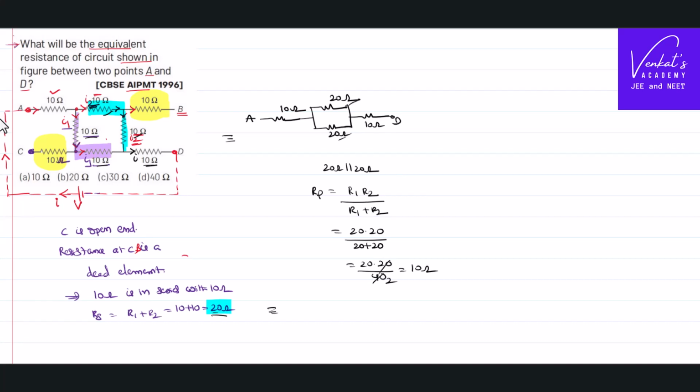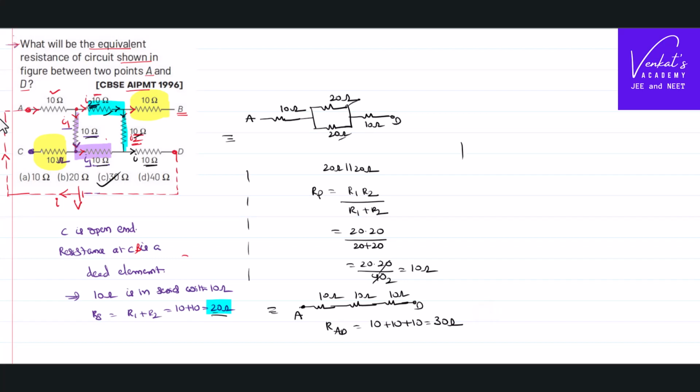So, again I can draw an equivalent circuit as 10 ohms, the 20 and 20 is actually 10 ohms, and there is another 10 ohms, this is D, this is A. So, it is very clear they are all in series, passing the same current. So, resistance between A and D is, as they are all in series, R1 plus R2 plus R3, that is 30 ohms, which is the answer for the problem.